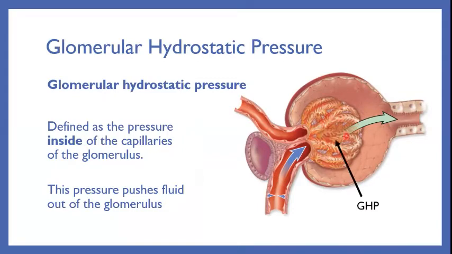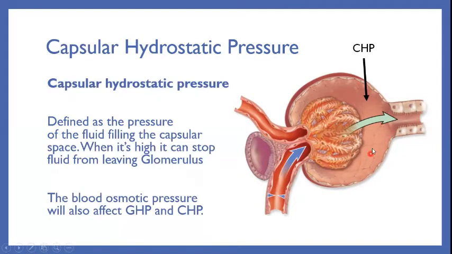If the glomerular hydrostatic pressure is higher, the fluid will be pushed out of the capillaries into the space through the tubules. If the capsular space has the higher pressure, it's going to stop that fluid from leaving the glomerulus.